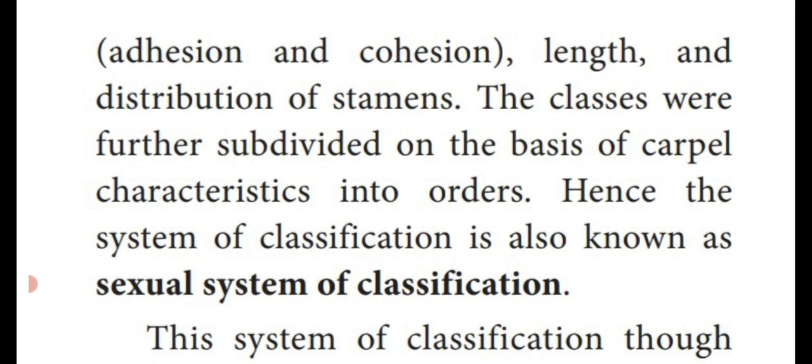He took the number of stamens, union of stamens, that is connate and adnate, length of stamens and distribution of stamens. And also he divided the classes into a number of orders. In that order classification, he took carpel characters for classification, so this is known as the sexual system of classification.